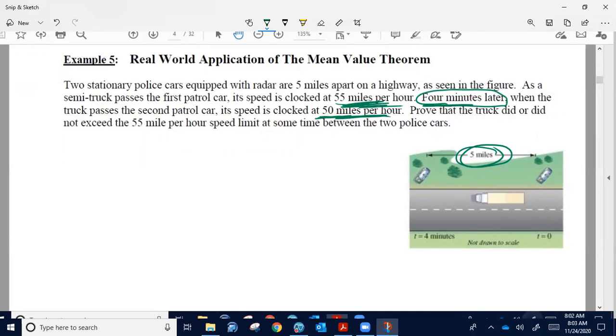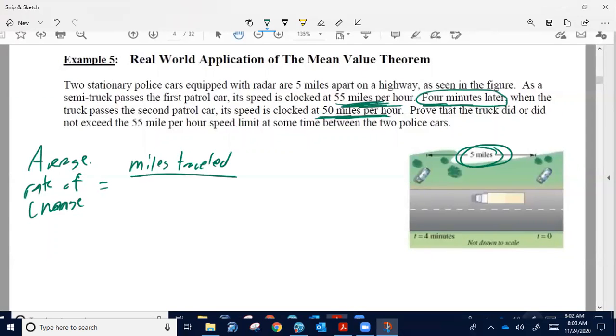the 2 police cars. So again, his instantaneous rate of change, his velocity, is the derivative he's going. Somewhere that needs to equal his average rate of change. So I know his average rate of change is going to be his distance divided by his time, his miles traveled divided by time needed.